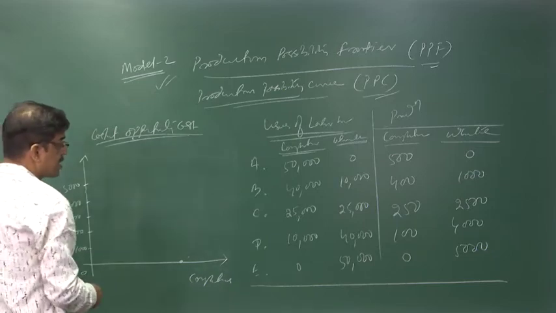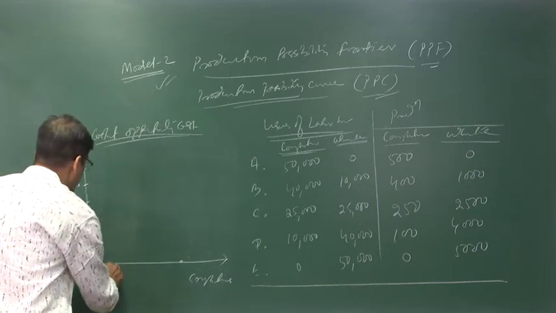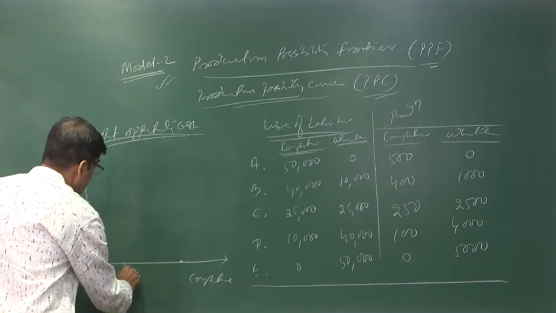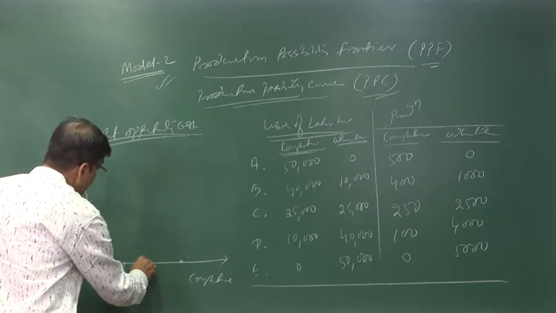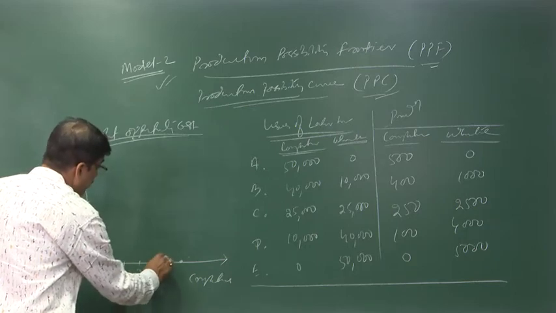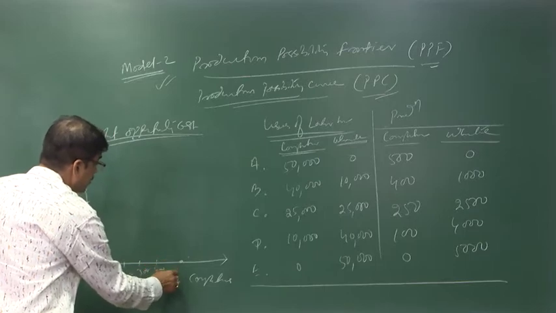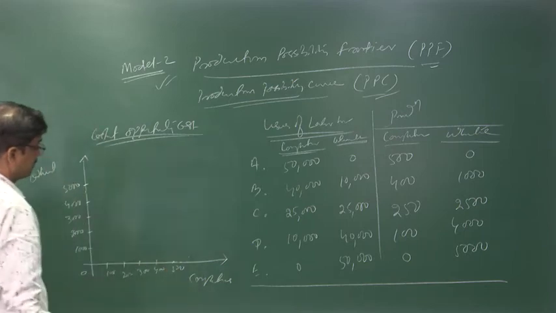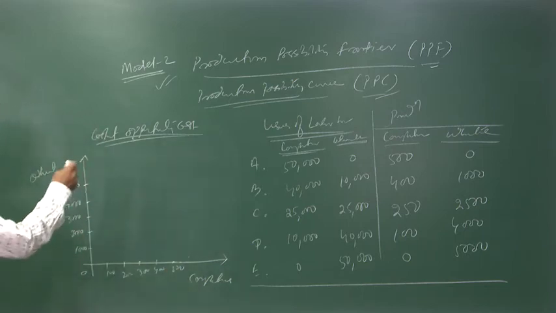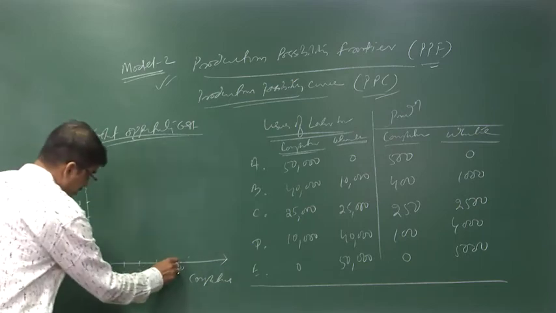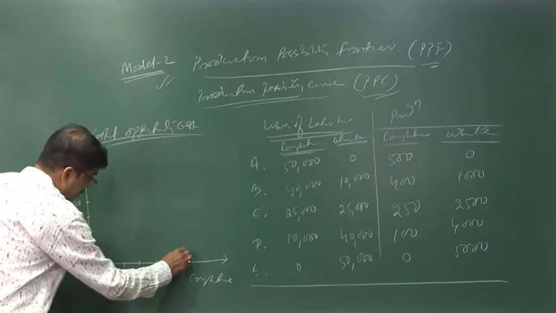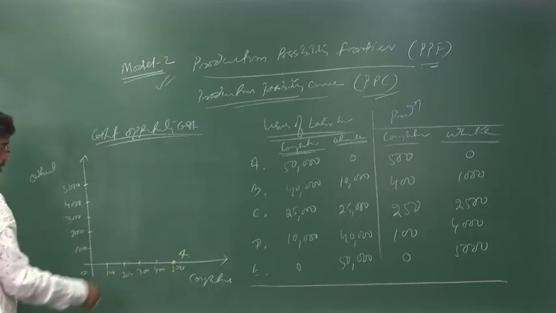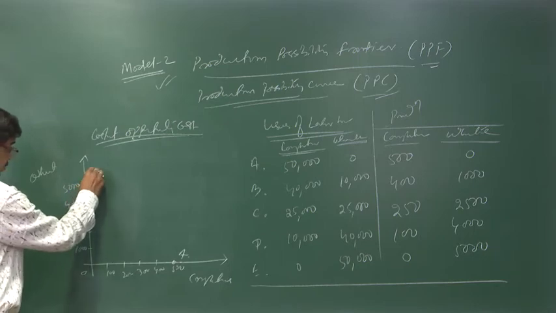Similarly, here in this case we take 100, 200, 300, 400 and 500, right. Let us start with the first point 500, 0, this is point A, and the last point 0, 5000, this is point E.